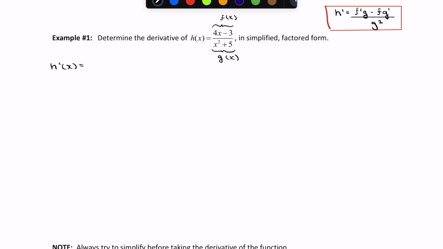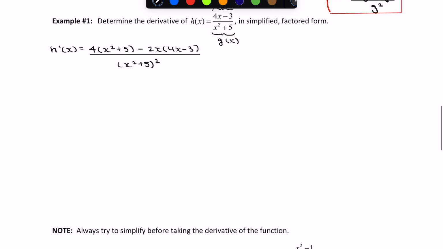The derivative of 4x minus 3 is 4, times g of x, which is x squared plus 5, minus g prime of x, which is going to be 2x, times f of x, which is 4x minus 3. At the bottom, we have g squared of x, which is x squared plus 5, and this entire thing squared.